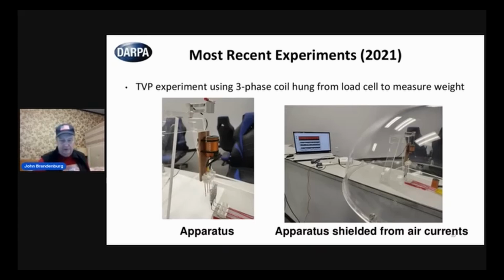We also put the whole thing under a plexiglass dome to isolate it from air currents. And so now the idea is that we were isolating the weight measuring device, the load cell, so it's far away from where the fields are. And you can make that wire as long as you want. We had to make everything fit under this dome.